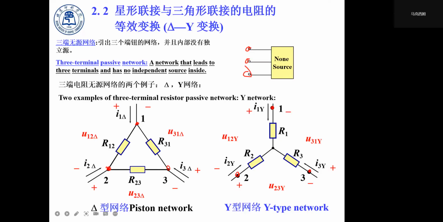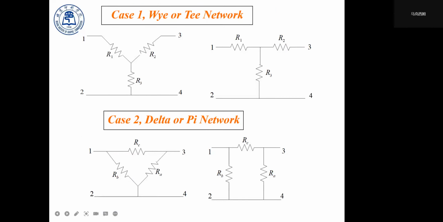So let's talk about how we could transform one of these to the other and vice versa. This is the main topic that we're going to talk about in this lecture. When we talk about the Y-shaped or tree-shaped network, it could be drawn like this, Y-shape, or it could look like this, T-shape.